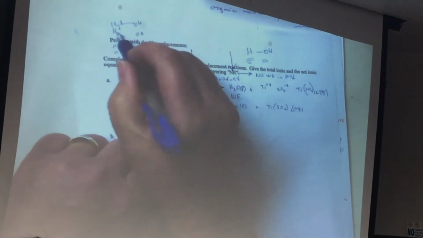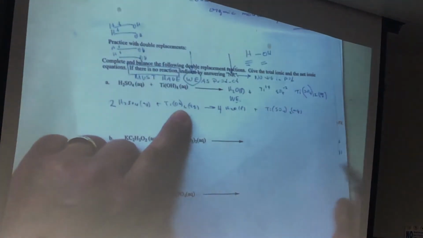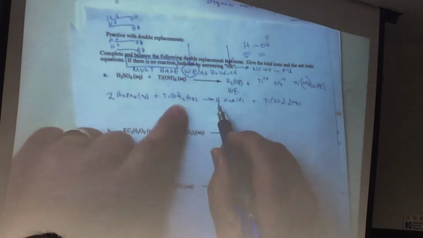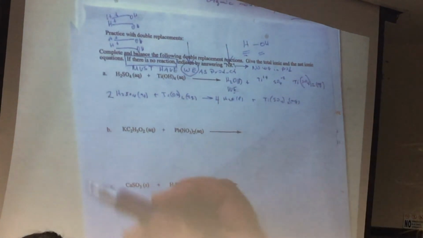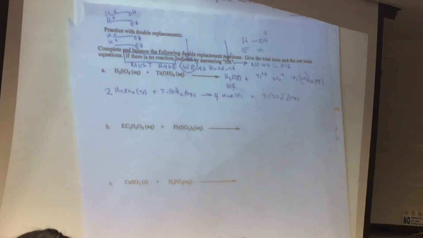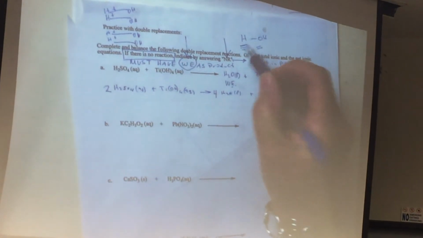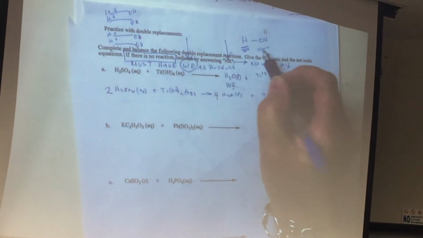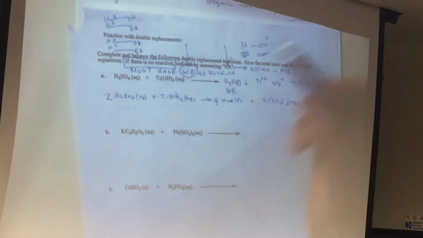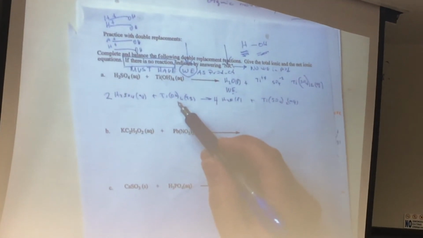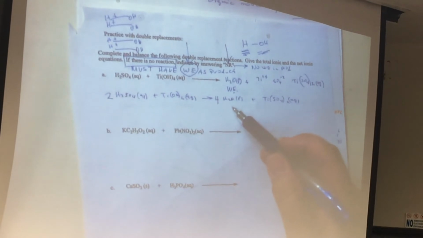How many water molecules do you make out of 4 H's and 4 OH's? 4 water molecules. That's why that number's a 4. In acid-base reactions, you count your water last. And it's the same number of hydroxides because it's a 1-to-1 basis. 1 equivalent of acid equals 1 equivalent of base. So 4 H pluses meet 4 hydroxides to make 4 water molecules.